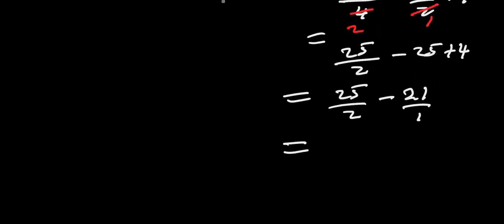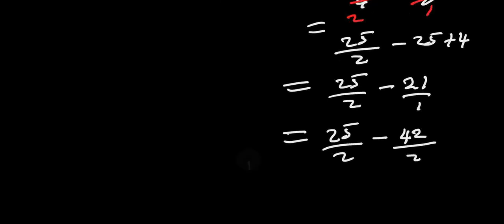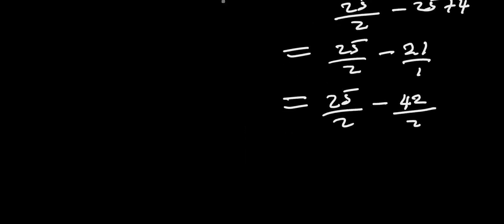So if we do that, we multiply 21 by 2, and that's going to give us 42 over 2. So we now have a common denominator of 2. So we can simply do 25 minus 42, and that is going to give us negative 17 over 2.